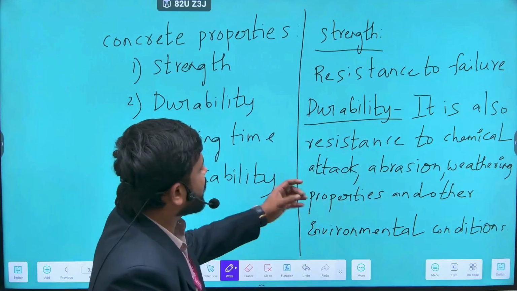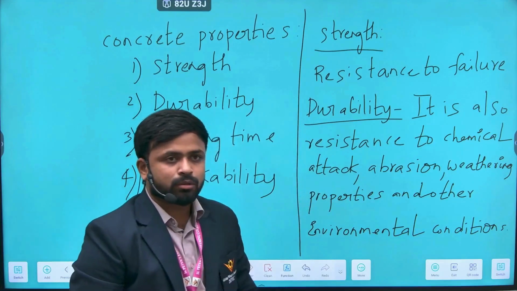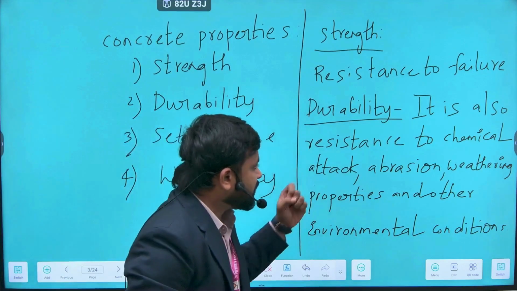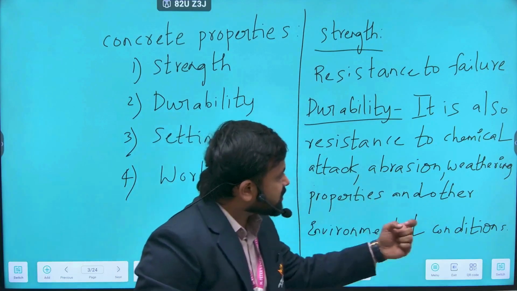So here we can understand that durability is resistance to chemical attack. Our concrete should be safe, it should not fail for the chemical attack. It should be resistant towards abrasion. It should be resistant to weathering.